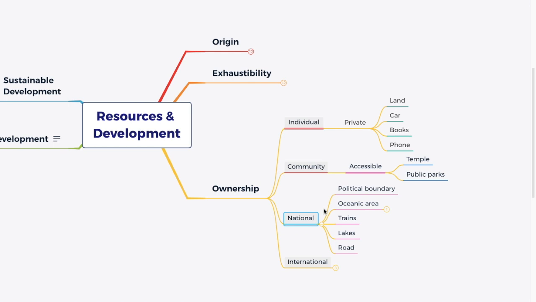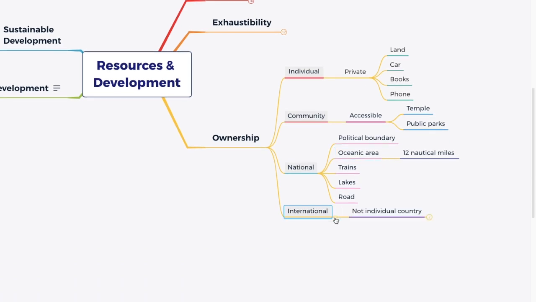A particular nation can own certain resources. When it comes to ocean, up to 12 nautical miles from the coast therein belongs to the nation. And you have also other national resources such as trains, lakes, roads, etc.